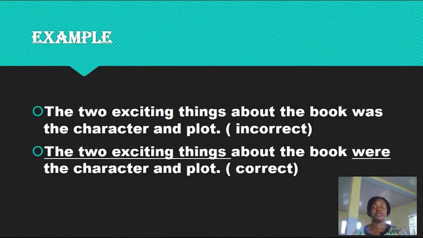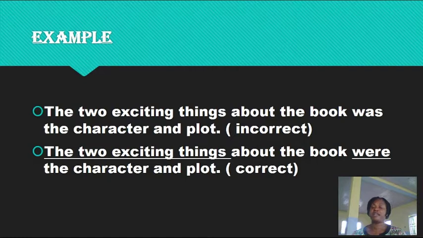More examples of subject-verb agreement. The two exciting things about the book was the character and the plot. This sentence is incorrect because the subject of the sentence is the two exciting things, and the two exciting things are plural.